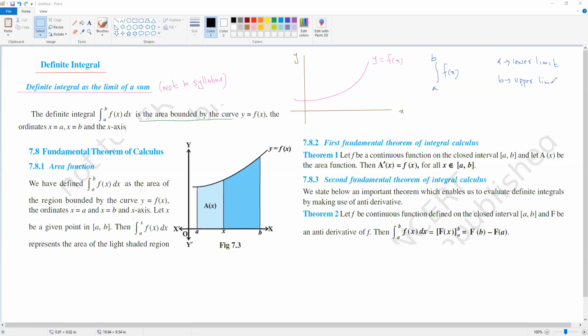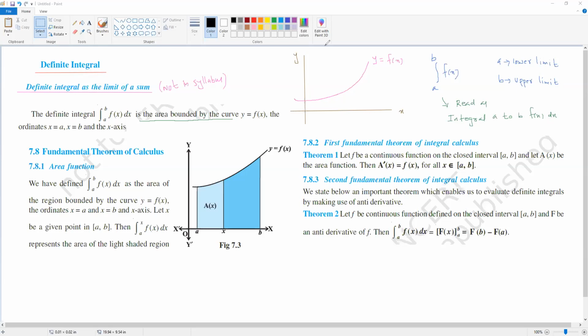So this is read as integral a to b f of x dx.